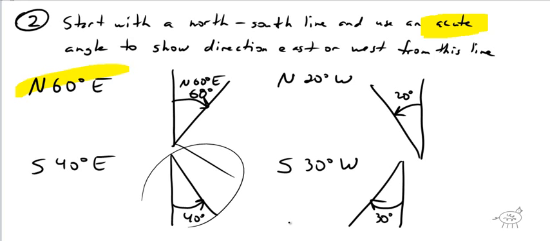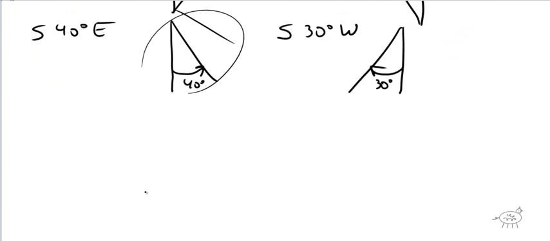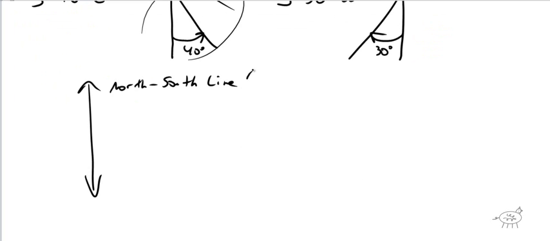Okay? So a couple more things here, just to mention. As we already talked about, this is a north-south line, which is basically a vertical line.